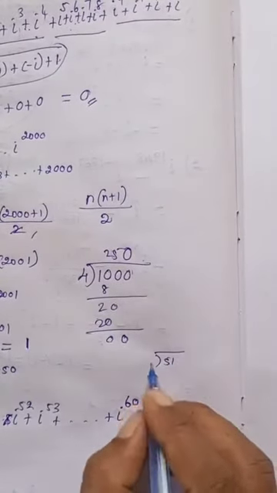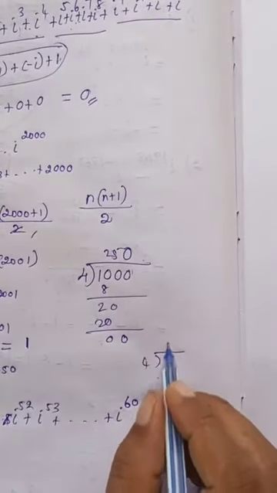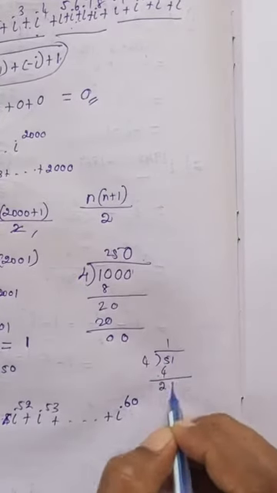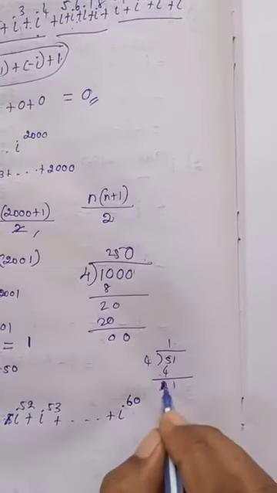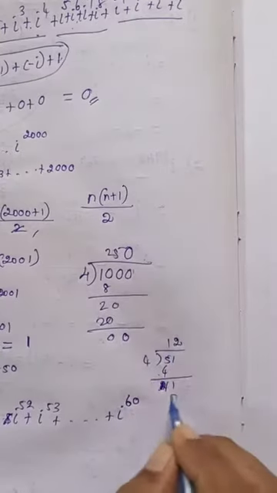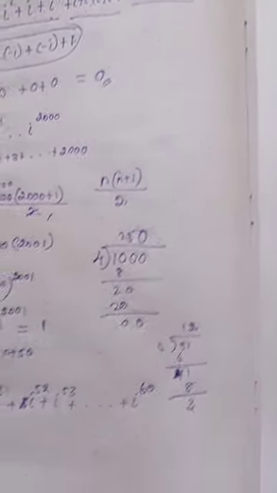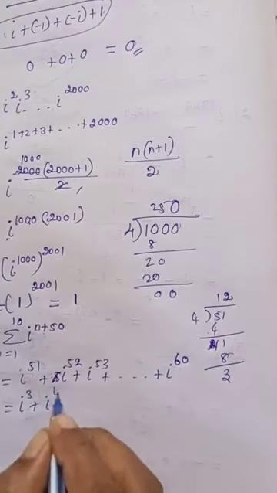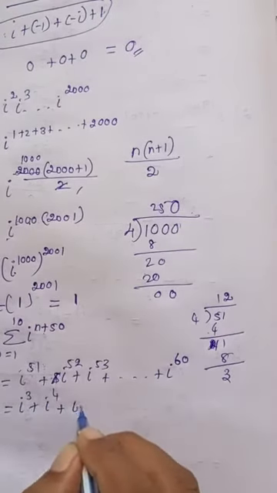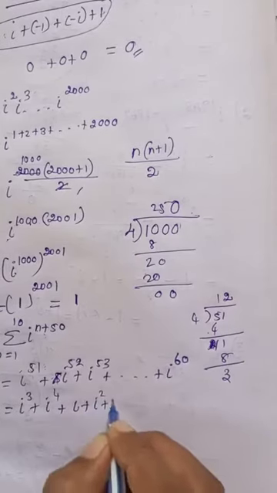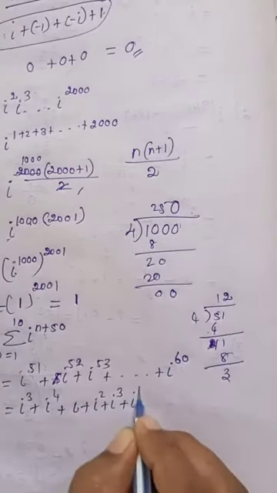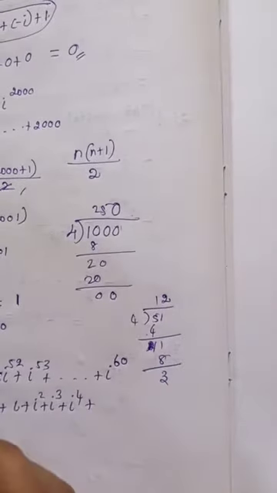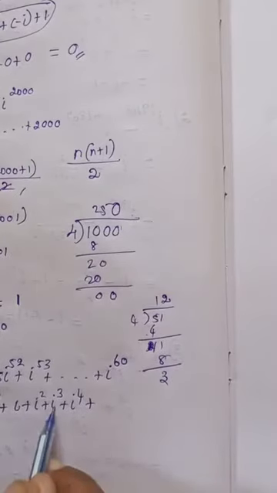Shall we check it? 51 when we divide by 4: 1 4 is 4, 11, 2 4s are 8, the remainder is 3. So it is understood that here it is i power 3, here this is i power 4. Again we may get i plus i square plus i cube plus i power 4. Then till 10 terms, 1, 2, 3, 4, 5, 6.